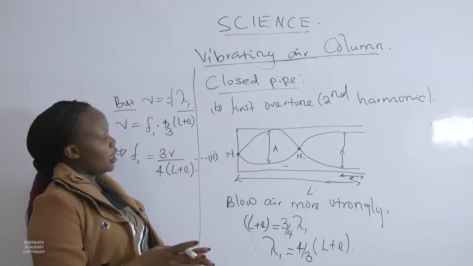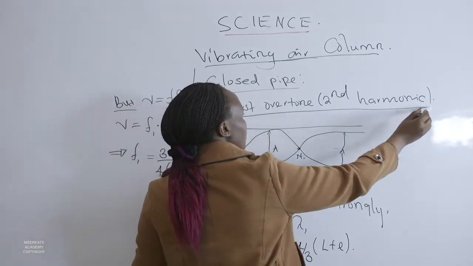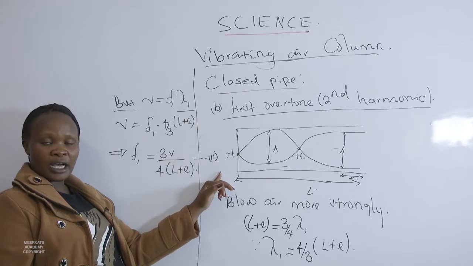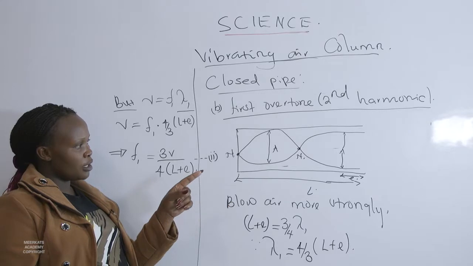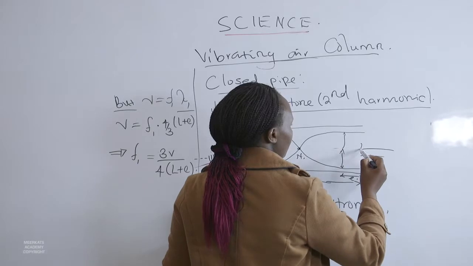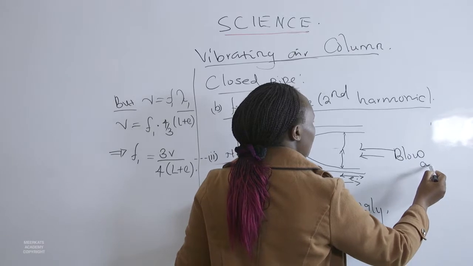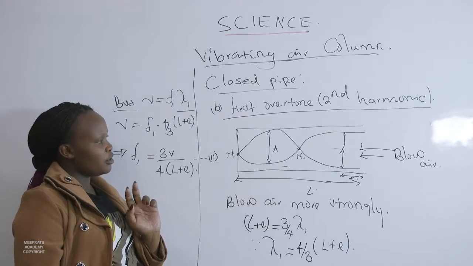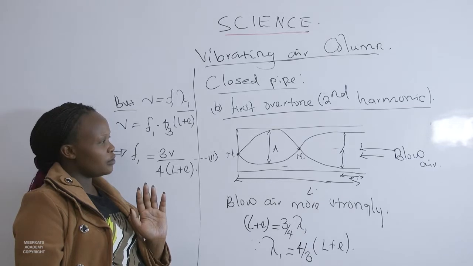So again we go through the same once more for the sake of grasping the concept that we have a closed pipe which is open in one end. Through it we blow some air, and we are blowing it a bit strongly so that we can produce a wave of this nature.